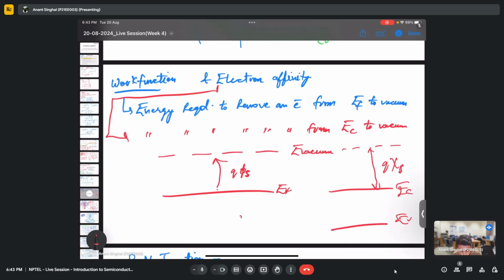So Fermi level to vacuum is always the work function, and the conduction band to vacuum energy required is always the electron affinity. These are the two technical terms that we need to know.